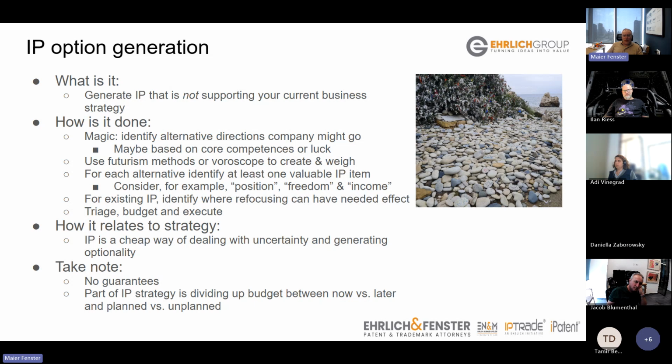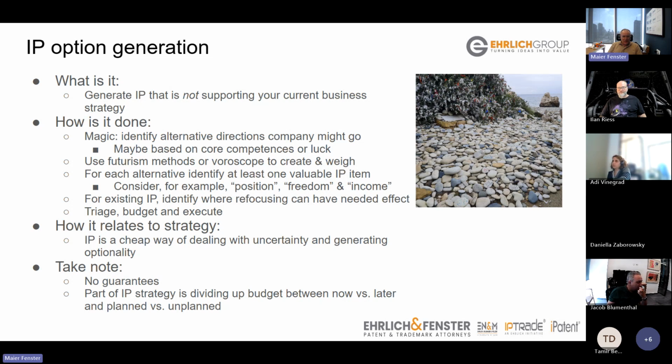And how do you do it? Well, step number one is magic. That should give you a hint. You figure out where the company might go, maybe based on luck, maybe based on looking at the core competence of the company, maybe use methods known in futurism like the boroscope. In any case, for each one of these alternative realities, you should identify at least one valuable IP item.